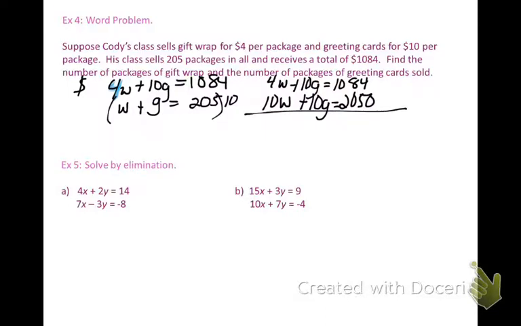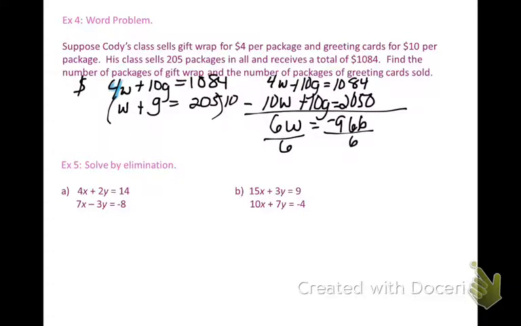Now I can get rid of the G's, but they're both positive, so that means I'm going to subtract them. So I have 4W minus 10W, which would be 6W, equals 1,084 minus 2,050, which would be minus 966, divide by 6.